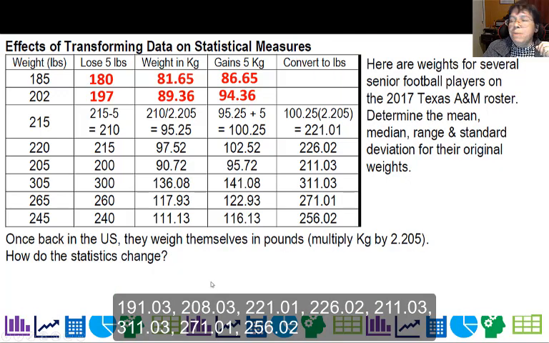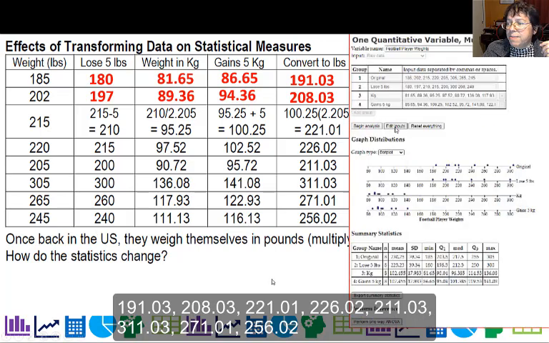Okay, finally, they're coming back to the US, and we're going to convert their weights back to pounds, which we can do by undoing the division, and now we're doing multiplication. So here are their new weights in pounds, and we want to go ahead and look at this set of data.